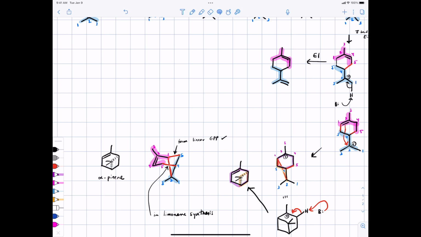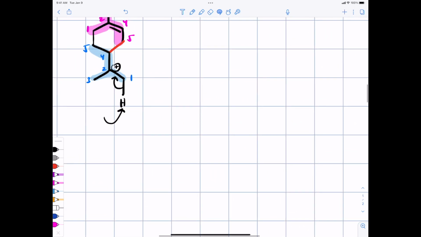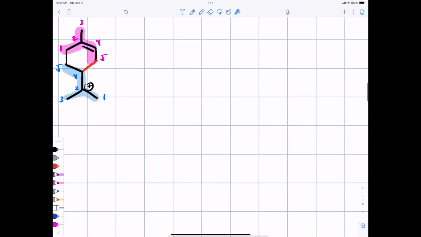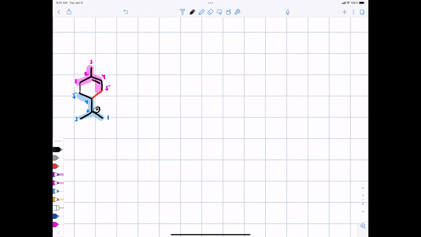But we can take that same precursor, and instead of doing that elimination reaction, the pi bond between 2 and 4 attacks the positively charged carbon. Let me show you a related product.